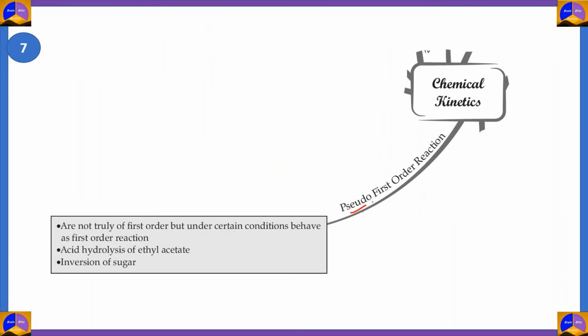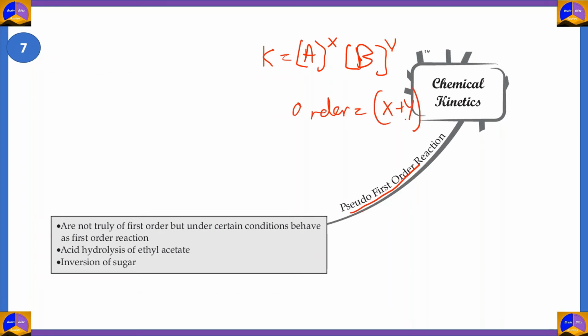Now we'll look at a special type of reactions known as pseudo first-order reactions. Most of the time, we can calculate the order of a reaction using this formula: K is equal to A raised to X, B raised to Y, and the order will be equal to X plus Y. However, in some situations, some reactants, say A, have a normal concentration, but B has a very high concentration.